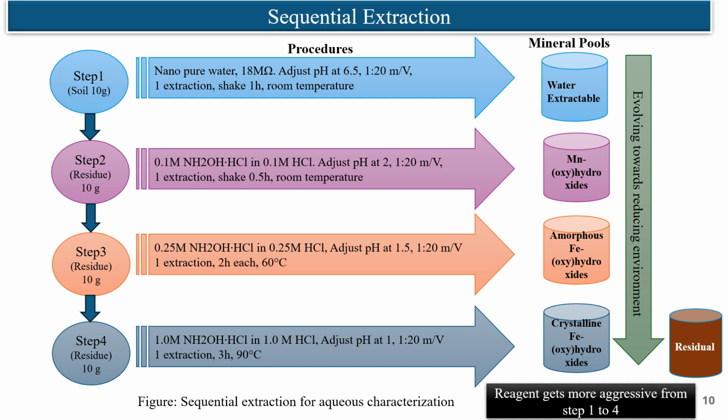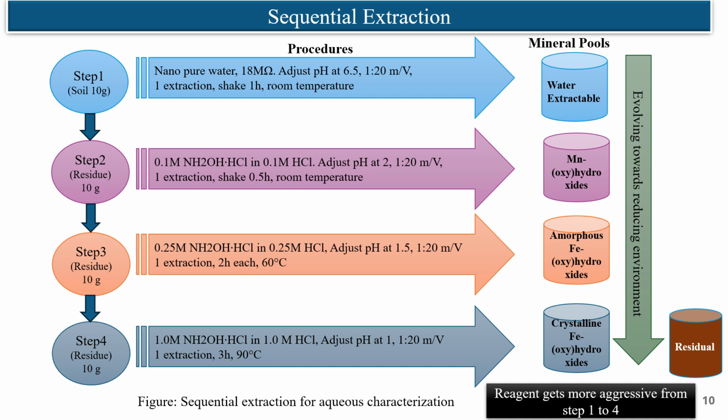Now this slide talks about the sequential extraction that I was talking about earlier. It shows the detailed procedures and the steps of chemical sequential extraction, but I will briefly explain the processes and steps.